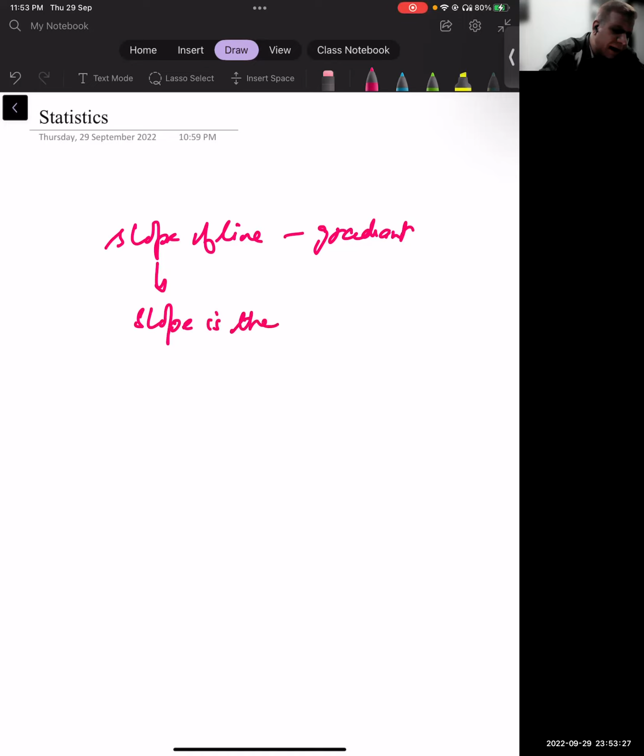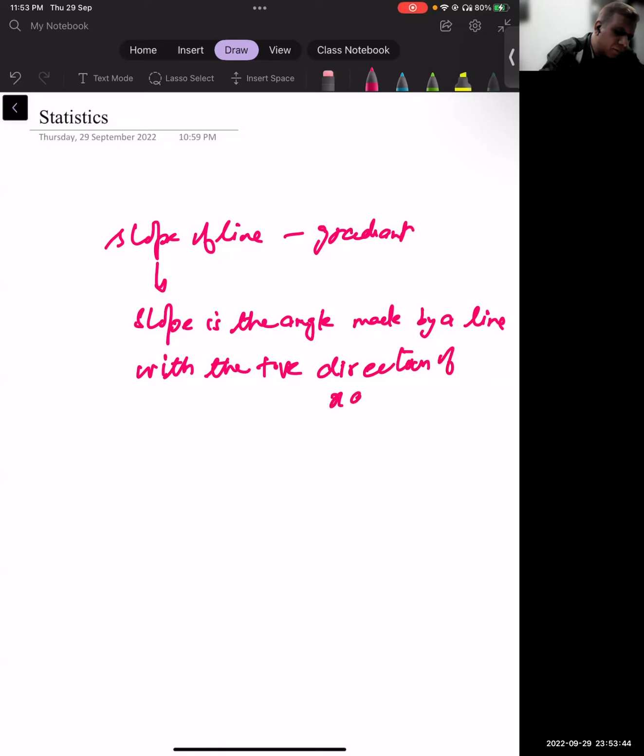Slope is the angle made by a line with the positive direction of x-axis. What is the meaning of positive direction?